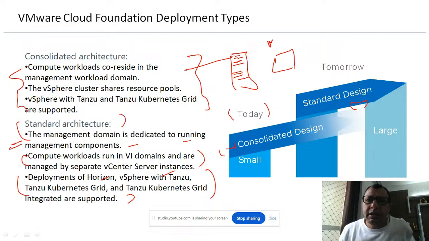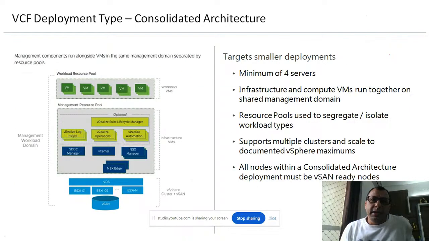In a standard architecture, the management cluster is separate, and there can be a number of clusters and workload domains where customers can run VMs, VDI, and Tanzu Kubernetes in separate clusters. All right. So in a consolidated architecture, as I said, all the management components will be available within the management cluster.